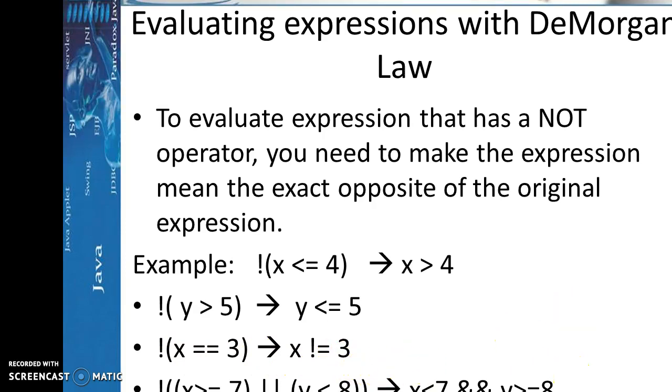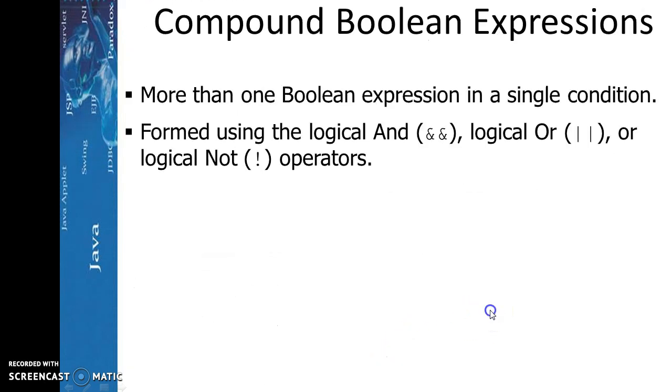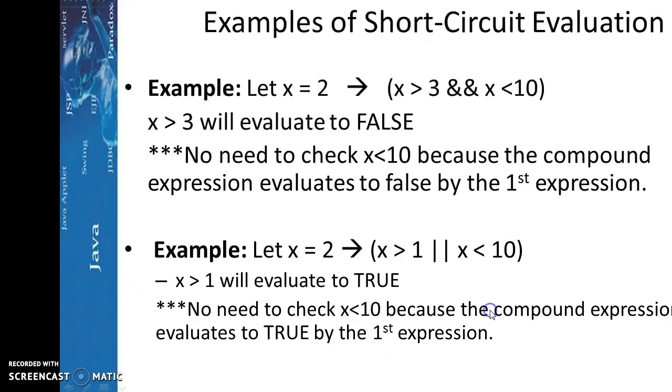Okay, and here's just a bigger expression. So that's on the PowerPoints. Okay. Short circuit evaluation, again, if the very first one evaluates to be false, if x is greater than 3 and this is false, then x is less than 10 does not have to be evaluated. Okay.